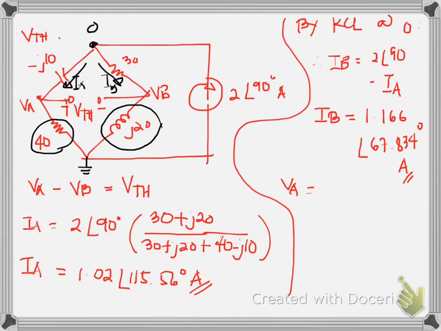And so we have VA equals 40 times IA. So VA is equal to 40.8 angle 115.56 volts, and VB is IB times J20.